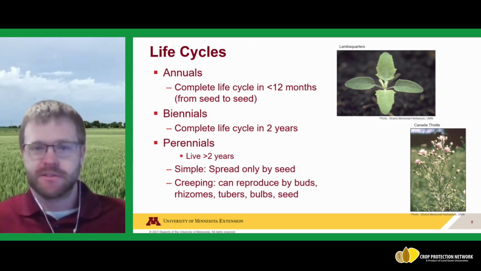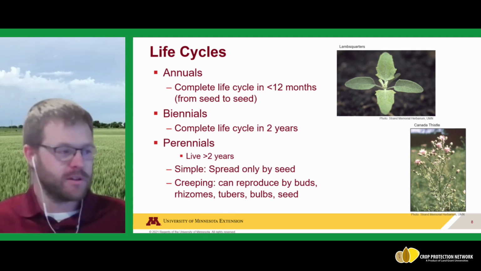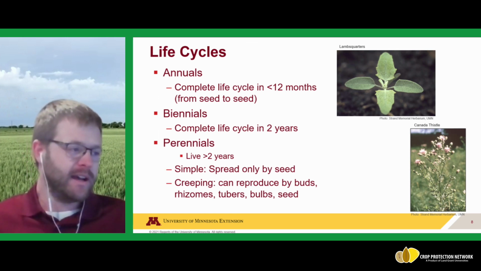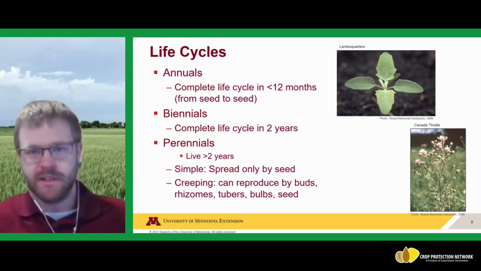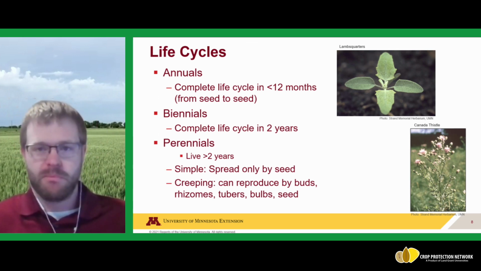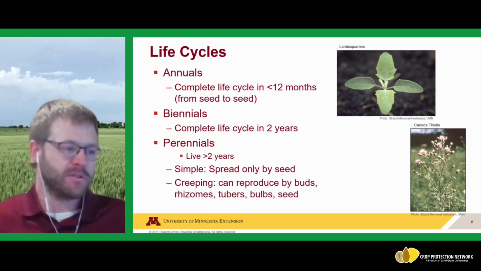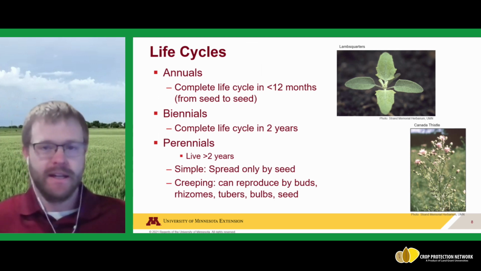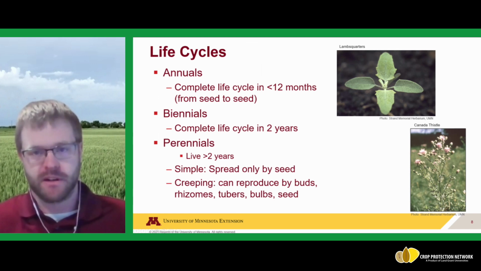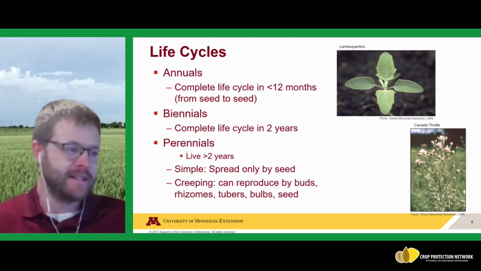And then finally, perennials are plants that live for more than 2 years. And obviously there's a number of different ways that those plants can spread. Simple perennials can spread just via the seed process, or we can have a number of other creeping perennials that can reproduce, in addition to seed, via buds, rhizomes, tubers, bulbs, those types of things, where they're able to spread via alternate methods, which certainly will become really important to know about if we start talking about control strategies.